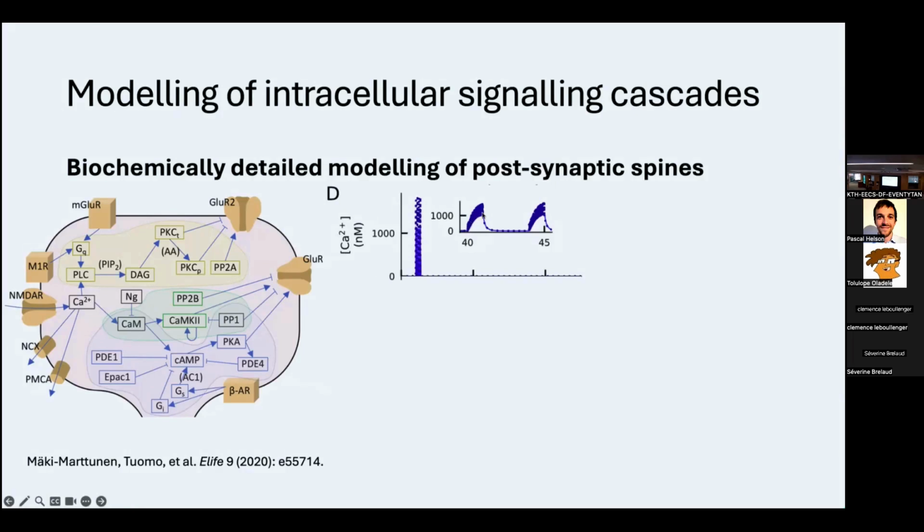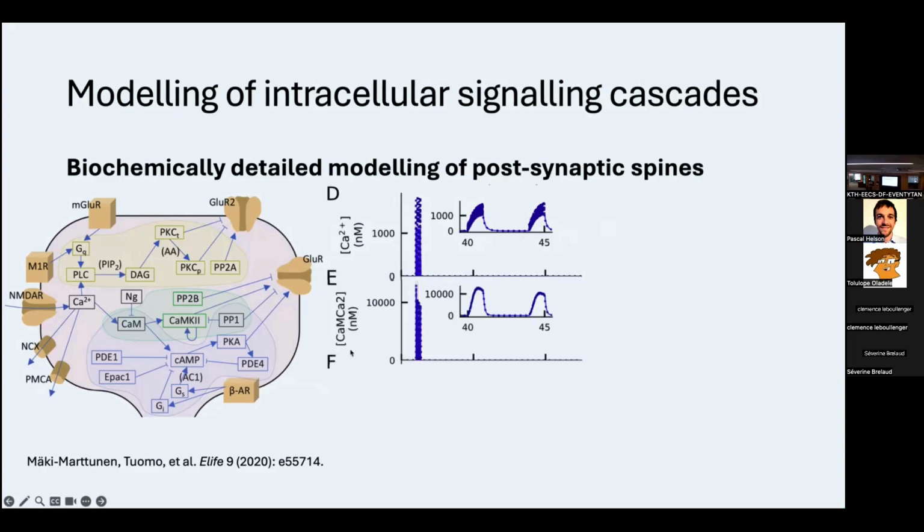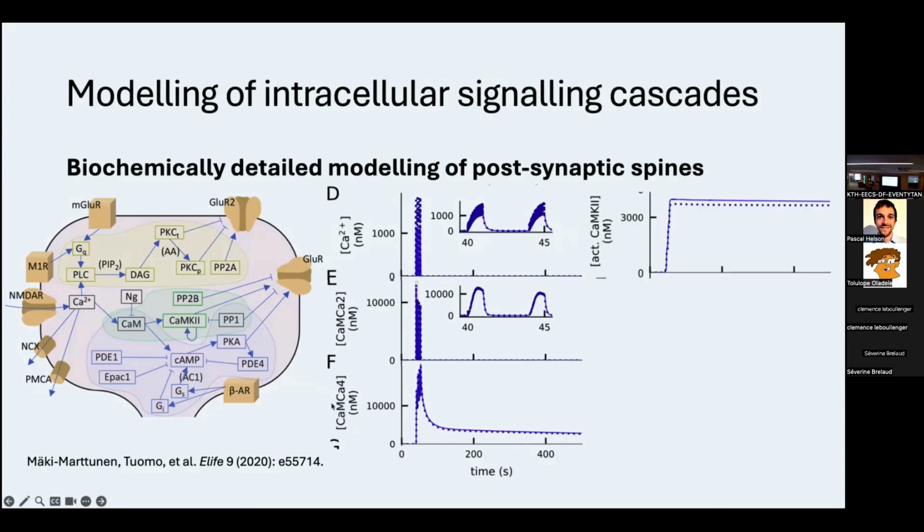accumulation. And then there's a silent period, and that leads to activation of the calmodulin, or first binding by 2 calcium ions, and then finally by 2 more calcium ions. And that is enough for the activation of this calmodulin. And when calmodulin is activated, it activates CAMK2, and that stays active for a long time.